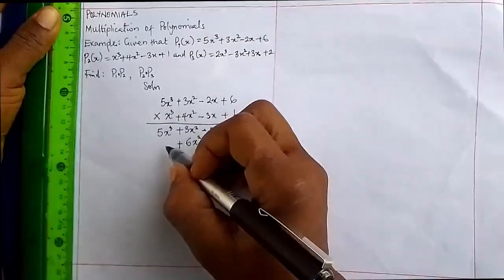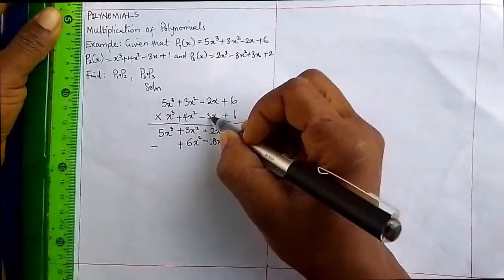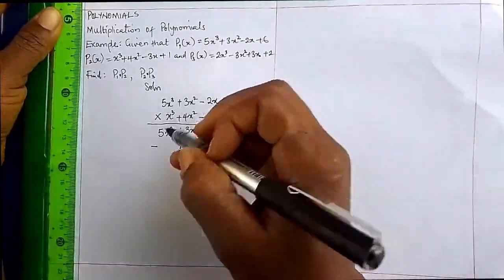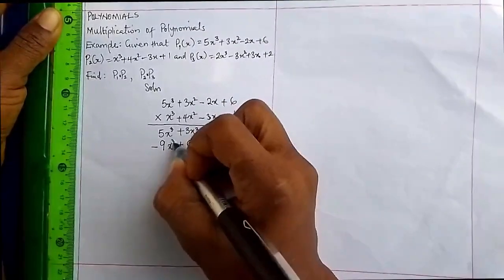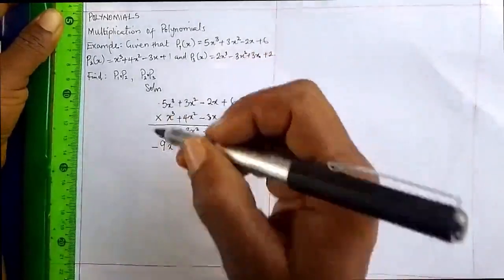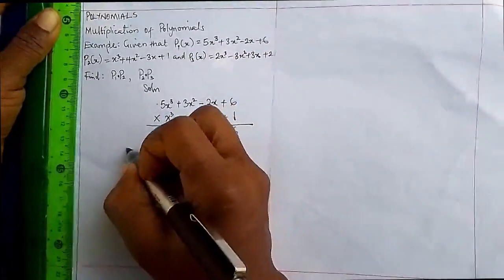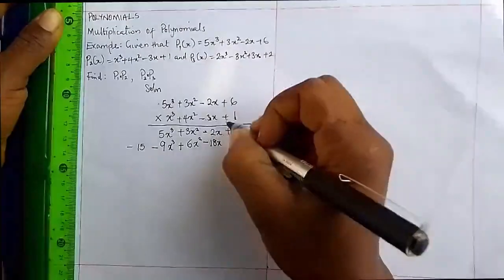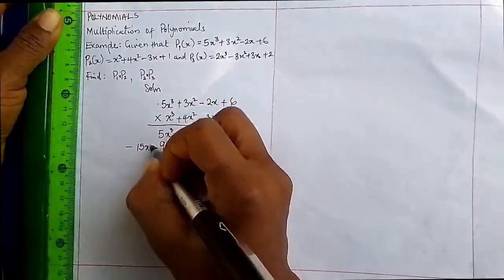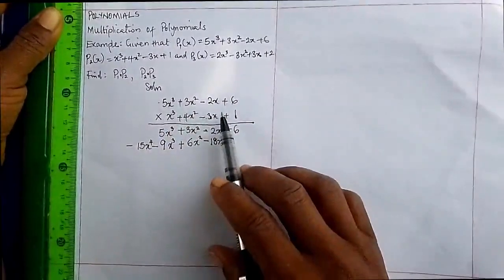Minus times plus is minus again. 3 times 3 is 9. X times x squared is x raised to the power of 3. Then minus times plus 5 is minus. 3 times 5 is 15. X times x raised to the power of 3 is x raised to the power of 4. We are done with the next step.